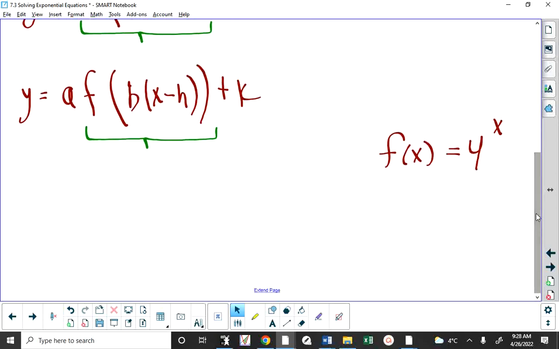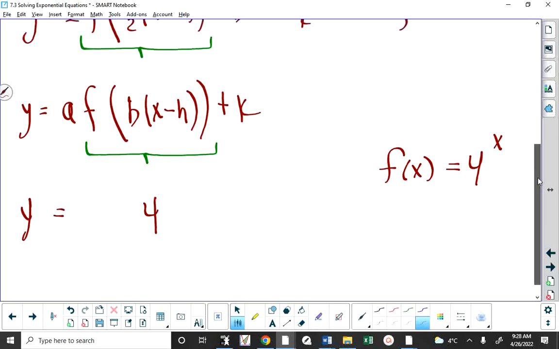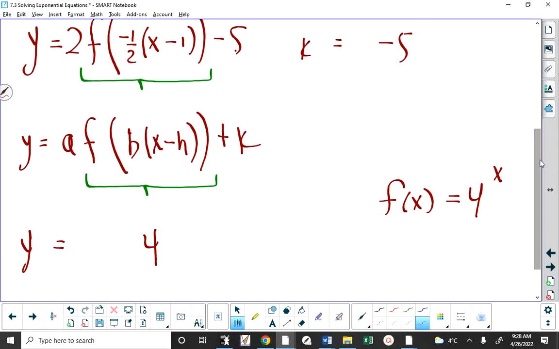So for this new function I'll have 4 raised to the b times x minus h, negative 1/3 times x minus 1. That function is going to be multiplied by a, which is 2, and then we add k, which is negative 5. Is that helpful? Perfect. Any other questions before we get started today?